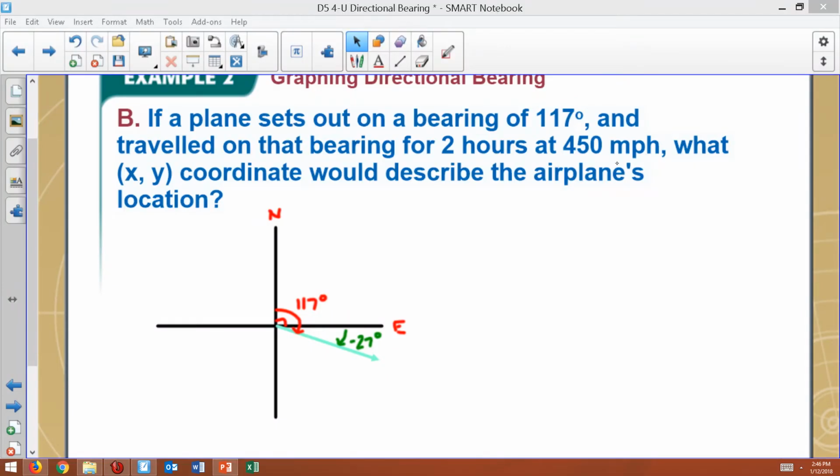All right, if we headed that at 450 miles per hour for 2 hours, what XY coordinate would describe this plane's location?